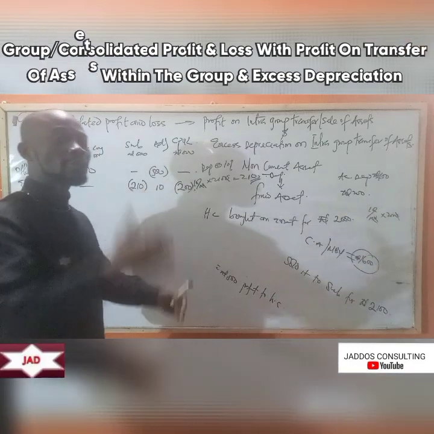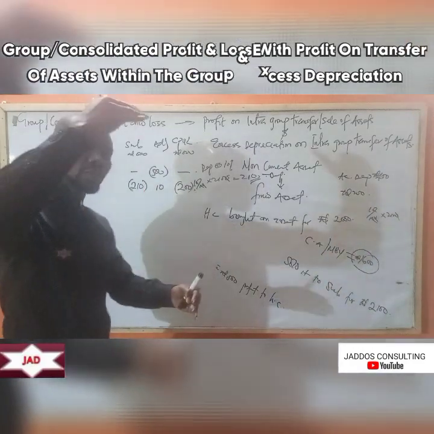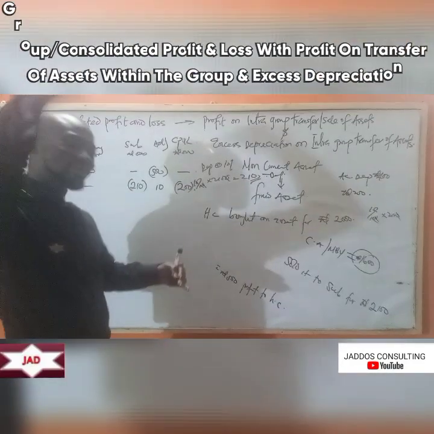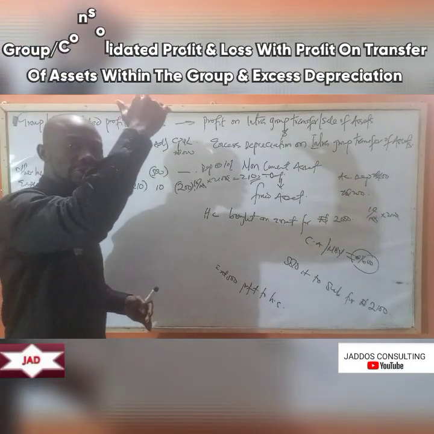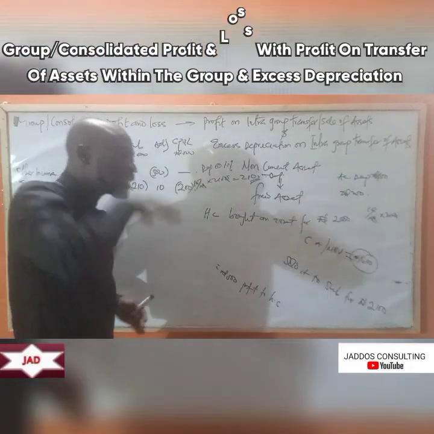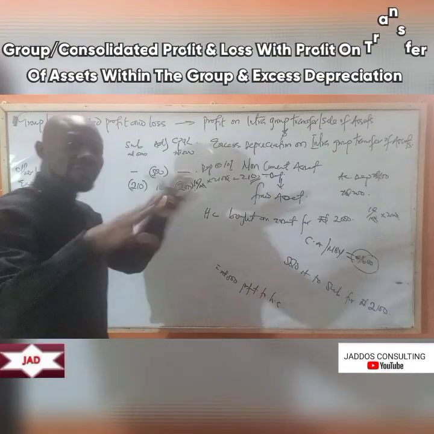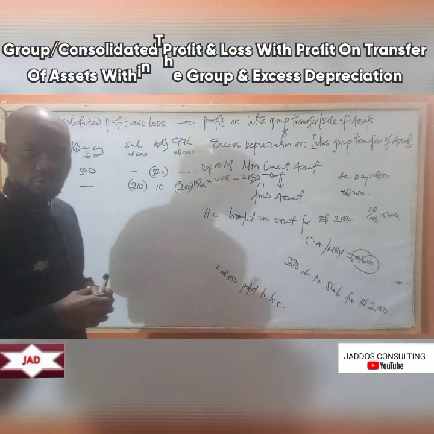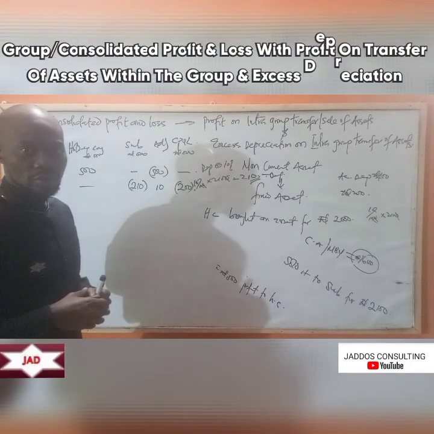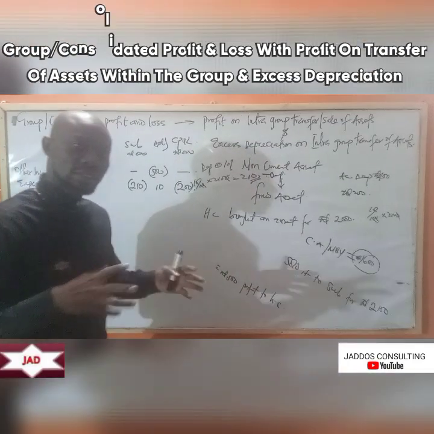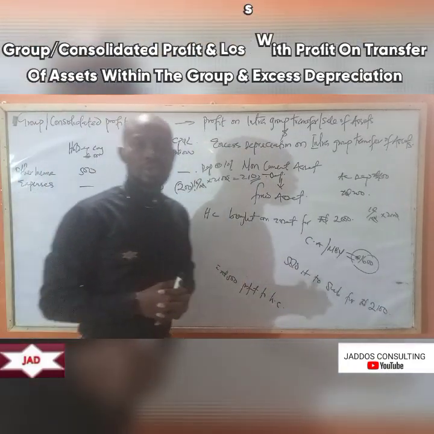Since we have eliminated the profit, that means we're taking it back to the original cost. And then we compare the period that ought to have been done at the original cost and the period that was done with the new cost. So the difference has to be adjusted for.